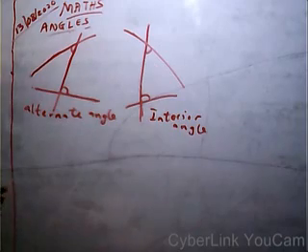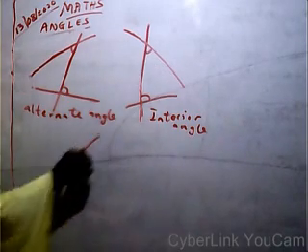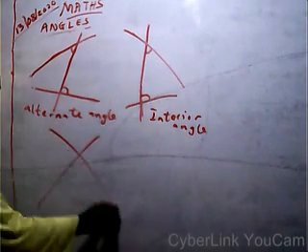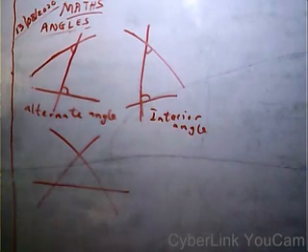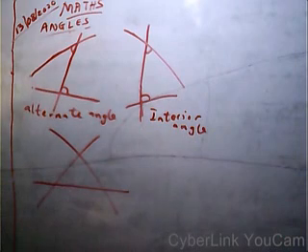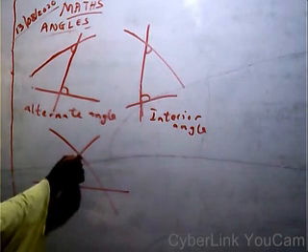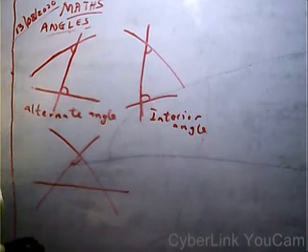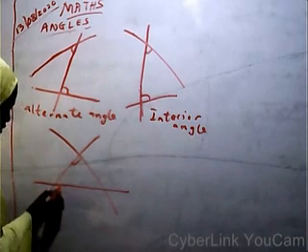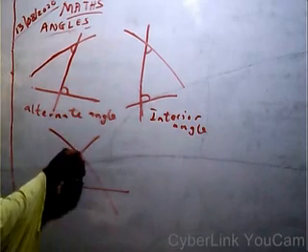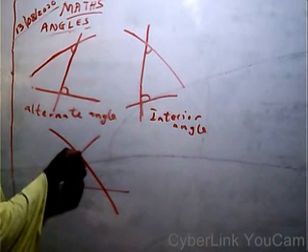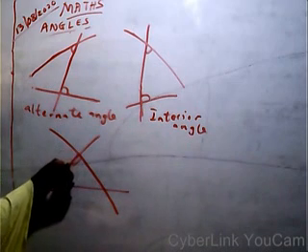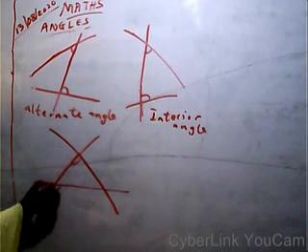The last one is corresponding angle. If you have something like this, I see that my letter F, or shape F, was formed, and this angle is equal to this angle.